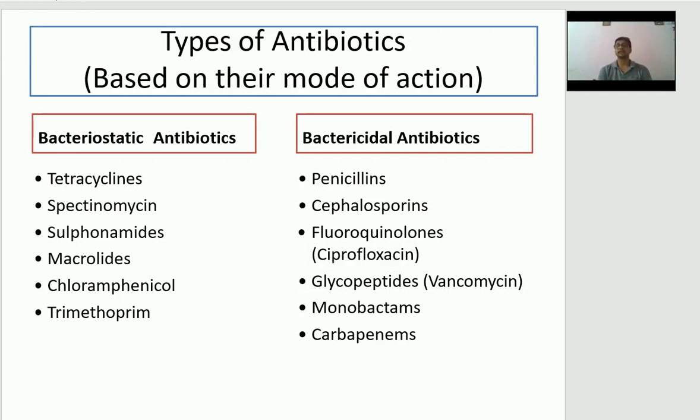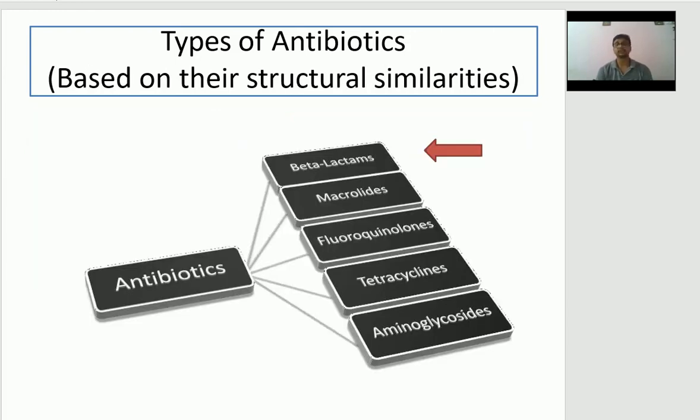And bactericidal antibiotics include penicillin, cephalosporin, fluoroquinolones, for example ciprofloxacin, glycopeptides such as vancomycin, monobactams, carbapenems. Next, antibiotics based on structural similarity: beta-lactams, macrolides, fluoroquinolones, tetracyclines, aminoglycosides.